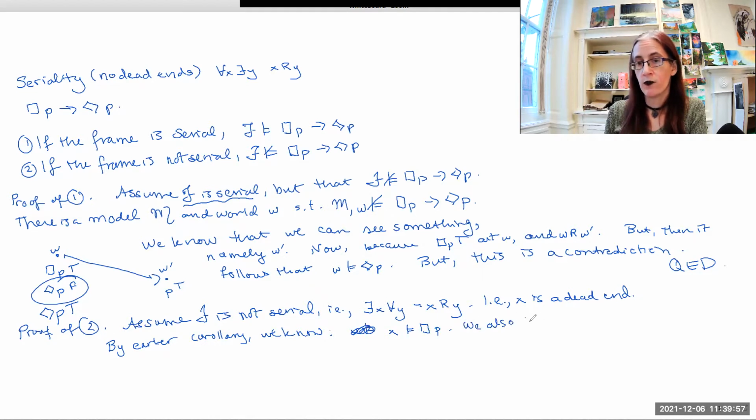We also know that at this world, necessary not P is true, because every formula is necessary at a dead end.